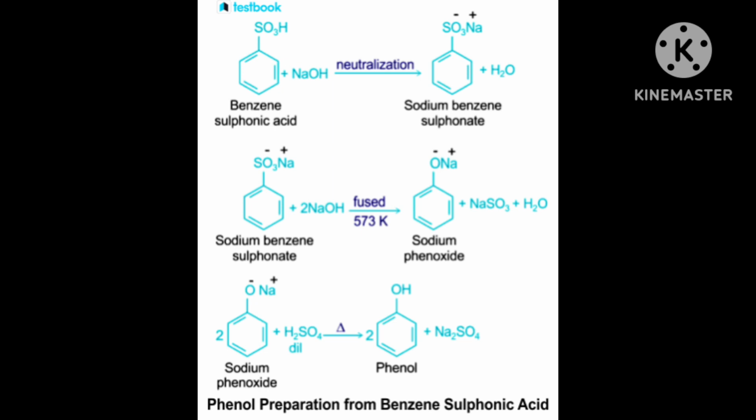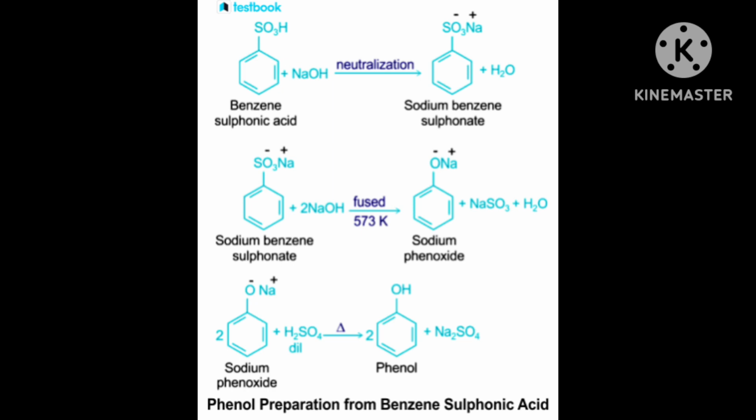A diazonium salt is formed by treating an aromatic primary amine with nitrous acid. How will you get nitrous acid? During the reaction you will get NaNO2 plus HCl, you will get HNO2, that is the nitrous acid.